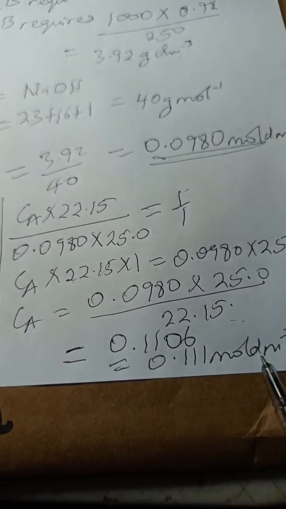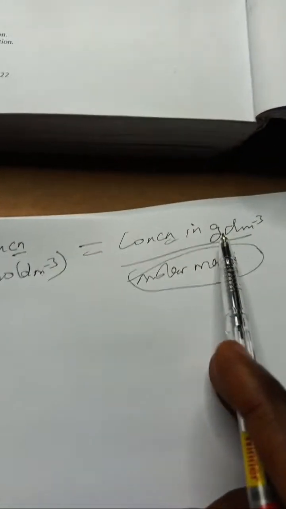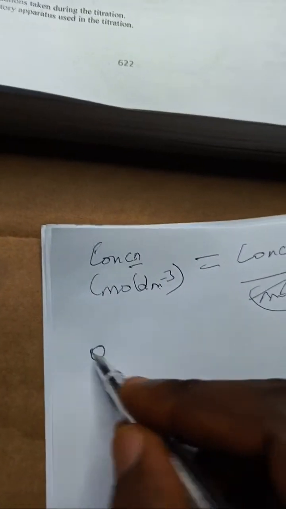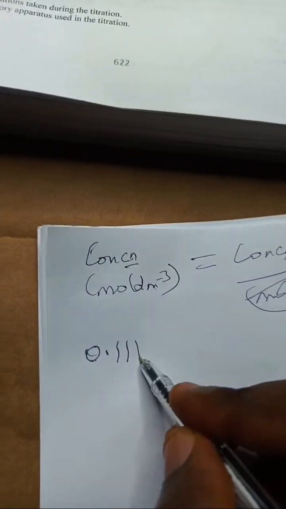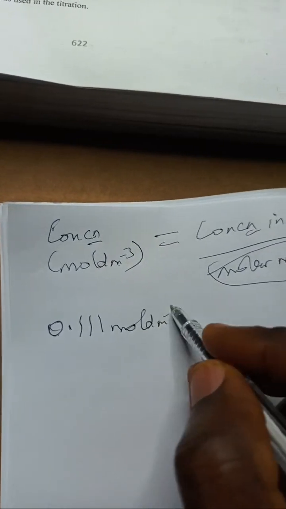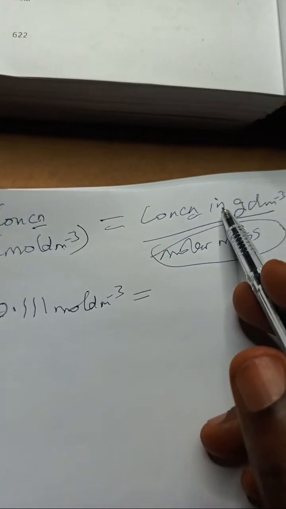So we put 0.111 moles per dm cube is equal to the concentration in gram per dm cube, which is given from the question.